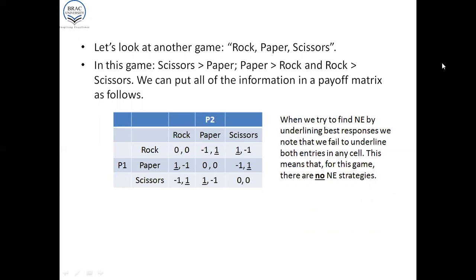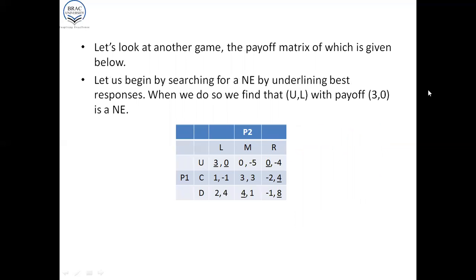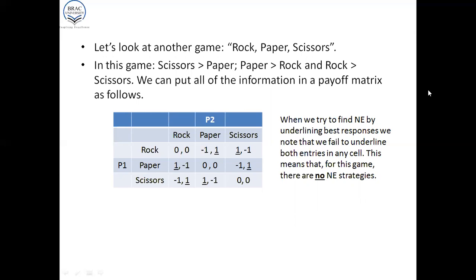So for this game, there are no Nash equilibrium strategies. It is entirely possible for a game not to have Nash equilibrium strategies. I would encourage you to try to find Nash equilibrium strategies in this game by underlining best responses, and you will find that you fail to find any.